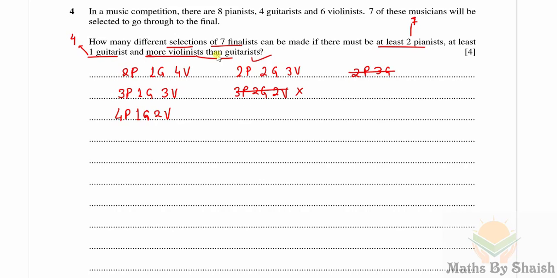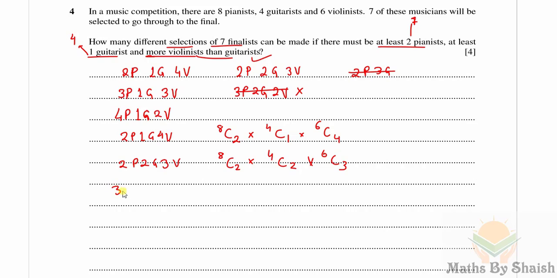These are the only selections for the 7 finalists. So let's count them. First is 2 pianists, 1 guitarist and 4 violinists: the number of ways is 8C2 times 4C1 times 6C4. Similarly, 2 pianists, 2 guitarists and 3 violinists is 8C2 times 4C2 times 6C3.